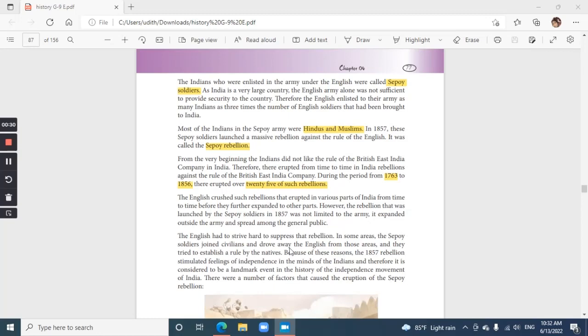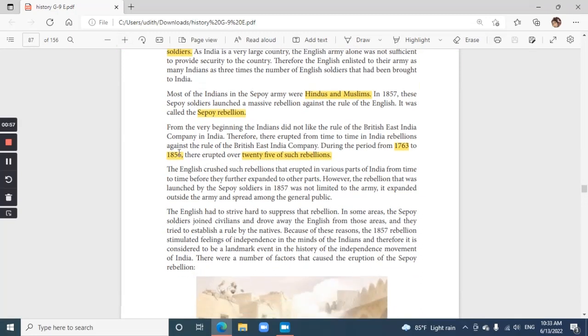Even though India is a very large country, the English army could not provide security to this country alone. So the English enlisted Indians, because there are a lot of Indian people all around India.